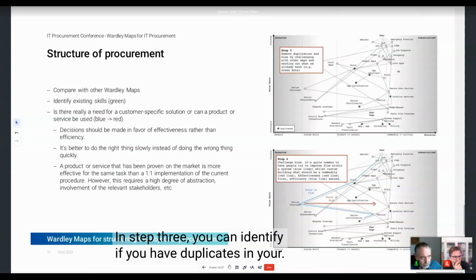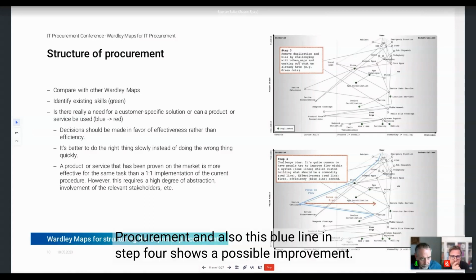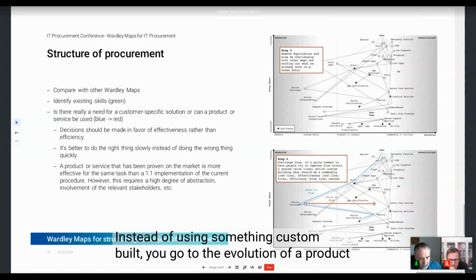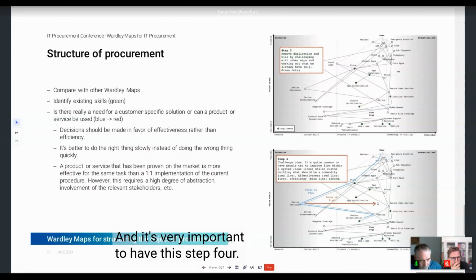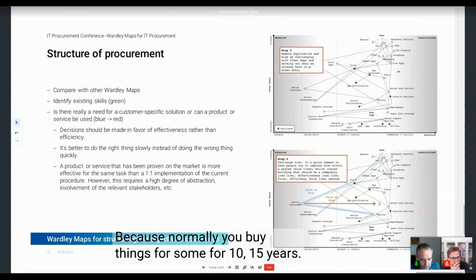In step 3, you can identify if you have duplicates in your procurement, and also this blue line in step 4 shows a possible improvement. Instead of using something custom built, you go to the evolution of a product or even of something you can rent. And it's very important to have this step 4, because normally you buy things for 10, 15 years.